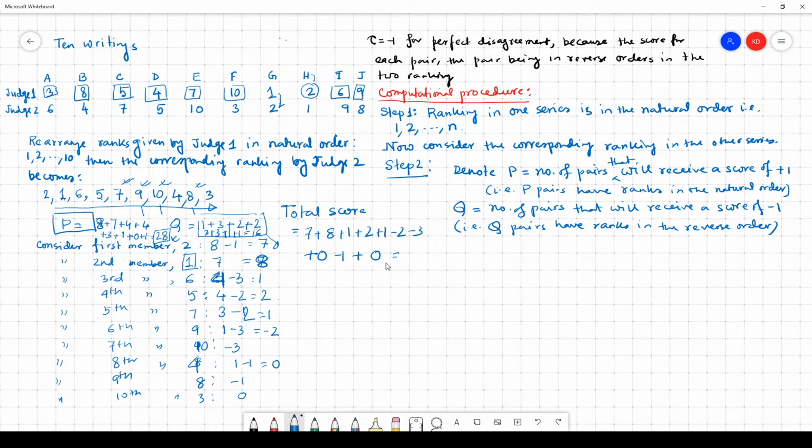So this is 13. Okay. So please check the values of P and Q.